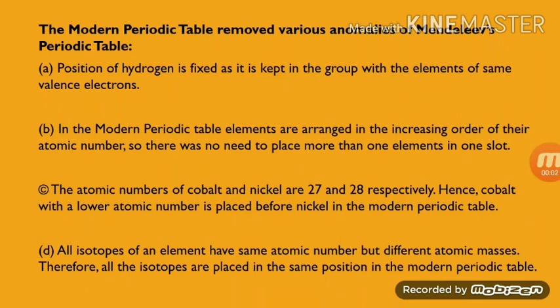Next, we have to study how the modern periodic table removed various anomalies of Mendeleev's periodic table, and they are: A. The position of hydrogen is fixed, as it is kept in the group of elements with the same valence electrons. So according to the valence electron, the hydrogen position is fixed in the same group.